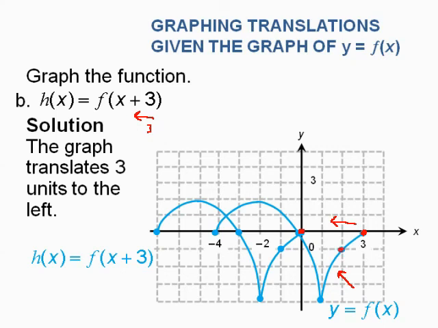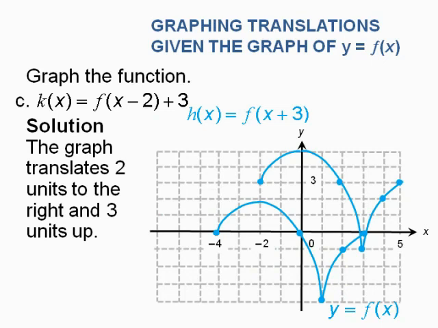This point on f of x shifts 3 that way. This point, every point, and even when you shift horizontally, just like vertically, notice the graph does not change shape.